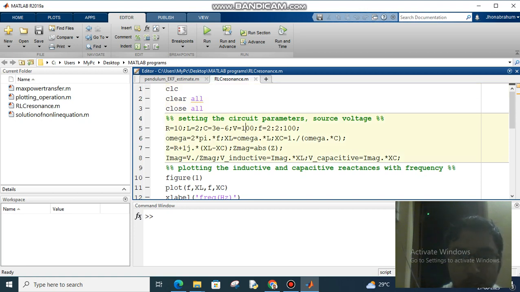The supply voltage is 100 volt, and frequency is the only variable parameter, because we have to check the resonance condition by varying the frequency.